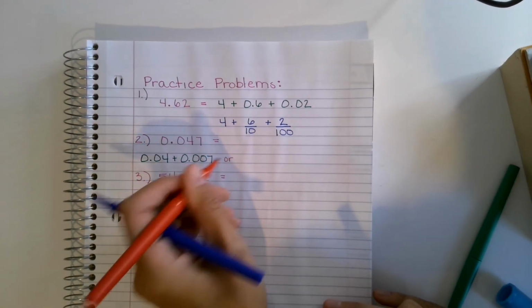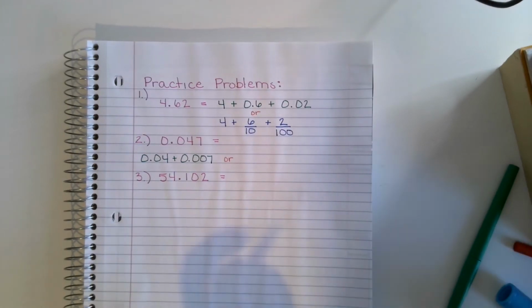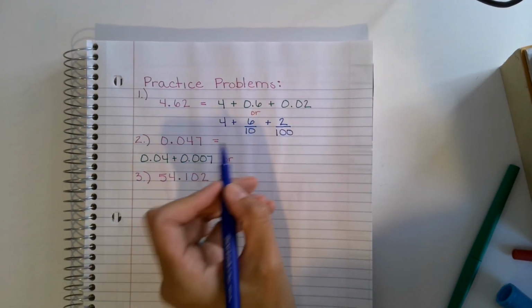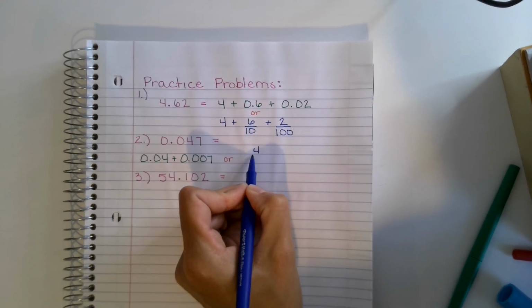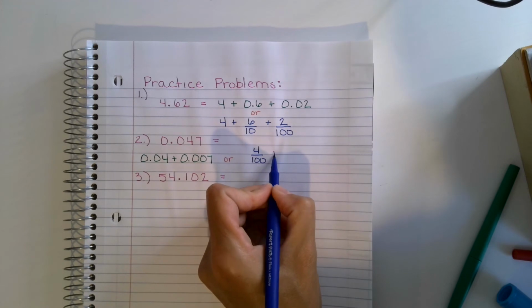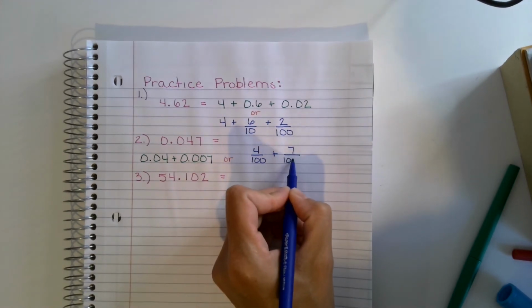So there's 2 different ways you write it. I'll write or up here too. All right. So your 4 is 4 hundredths plus 7 thousandths.